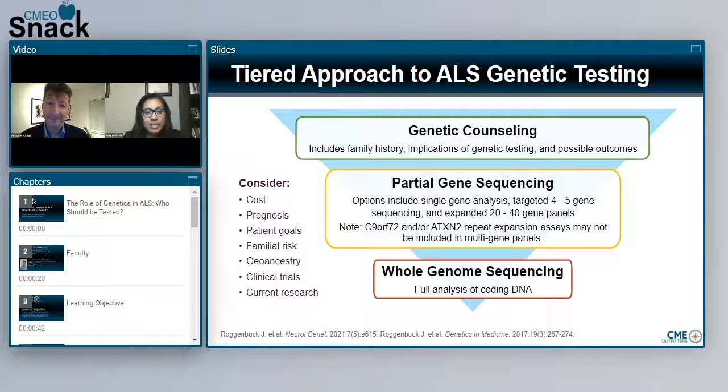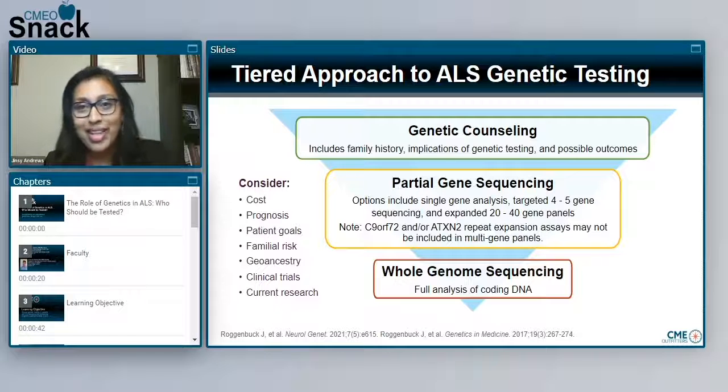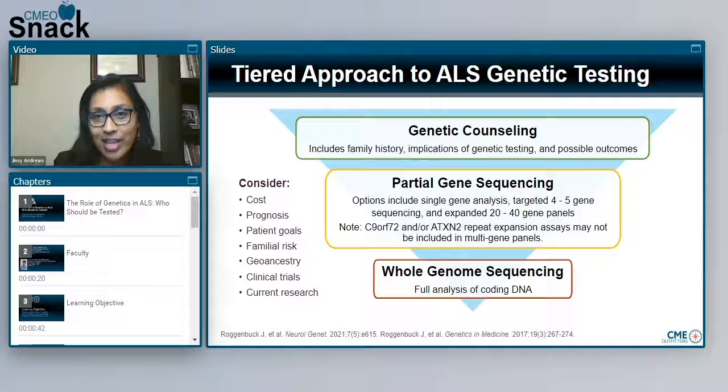You know, in the US, we also focus heavily on the big 4 genes that you discussed earlier, which includes the SOD1, the C9, the TARDBP, and FUS. Recently, because there's been grants provided to sponsor genetic testing, it's reduced some of the barriers to getting genetic testing, which includes the cost and insurance coverage here in the States.